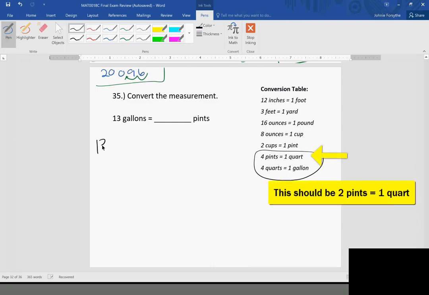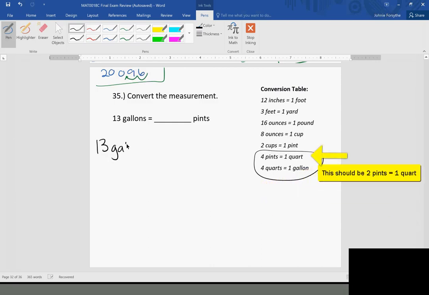I'm going to use this information here. So I'm going to start with 13 gallons. And I'm going to multiply that by some ratio to get rid of the gallons, and I want to convert them to quarts.